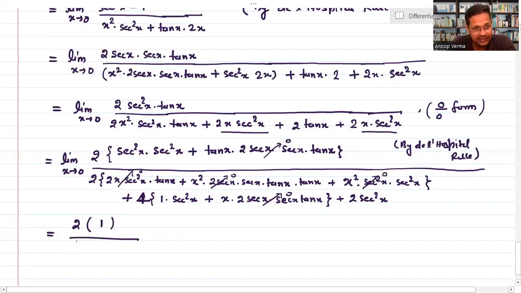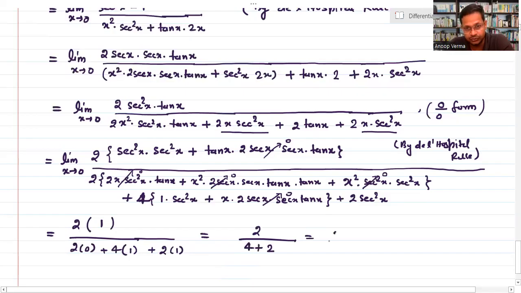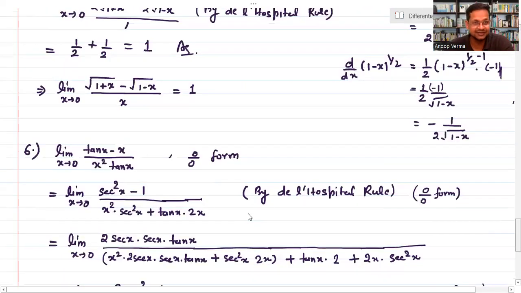Divided by, here this is 2, and here we get 0 in this term, and plus 4. Here we have sec square 0, which means its value is 1, so here we will get 1 and all the other terms will be 0. Plus 2 times 1. Okay, so from here you will get 2 upon 4 plus 2, so it will be equal to 2 upon 6, which equals 1 by 3. So this is the value of the limit of this function.